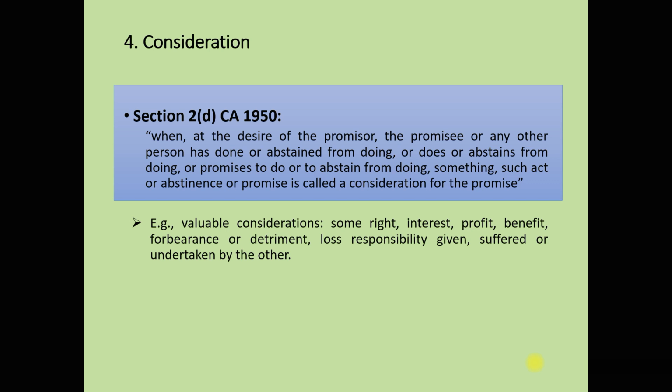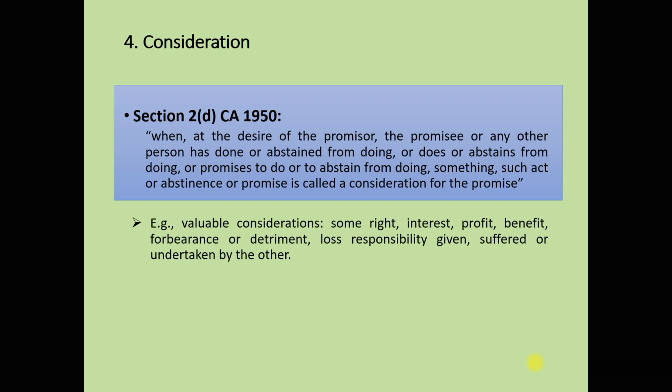For example, if A promises B that he will give 10 ringgit provided that B hands over the book to him, then the act of handing over the book is a kind of consideration in return for the promise made by the promisor.